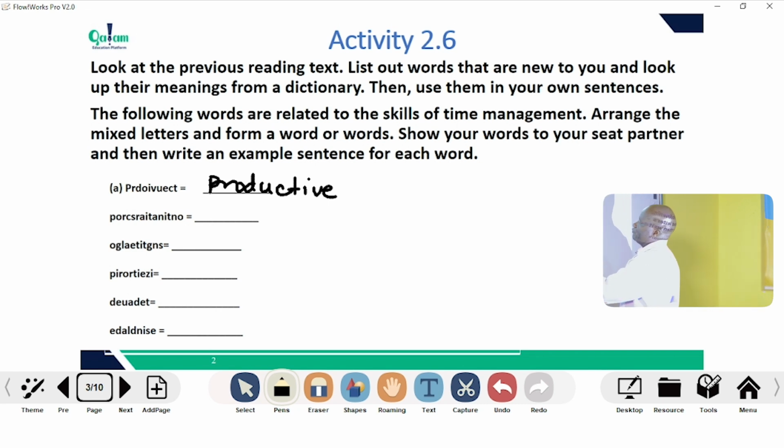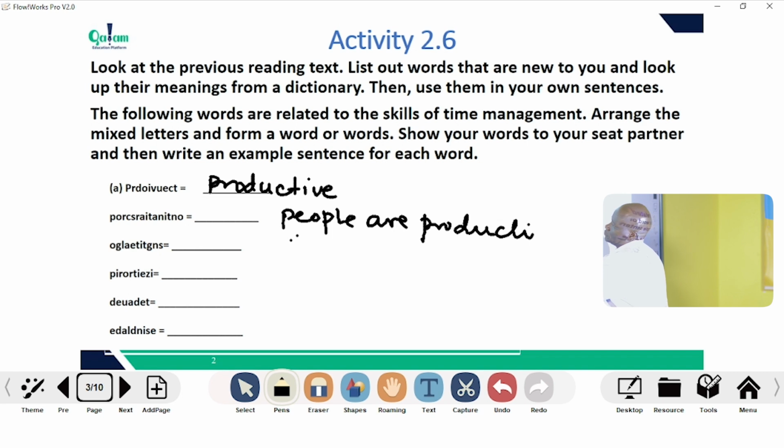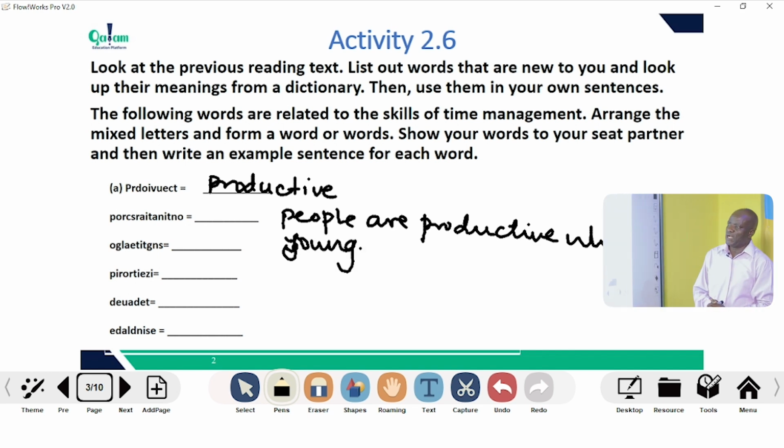So I can say, you see my sentence? People are productive when they are young. But you see, when you get old, you find you can't be that productive. So you do these ones.